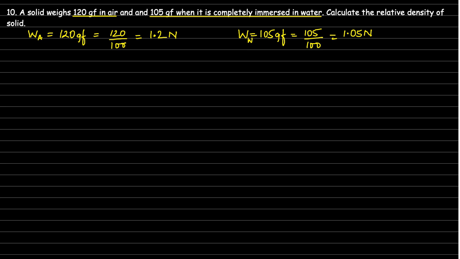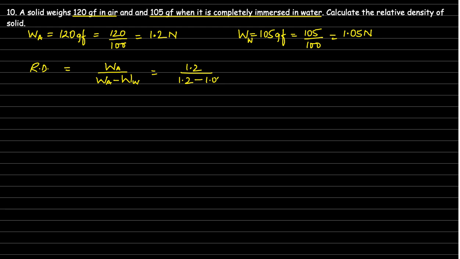So now for finding the relative density, we have a very simple formula which we used in the last problem also. Relative density is equal to weight in air divided by weight in air minus weight in water. So weight in air, we got it as 1.2, divided by weight in air minus weight in water.